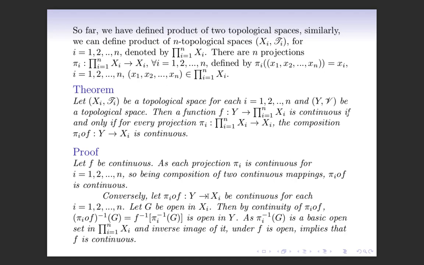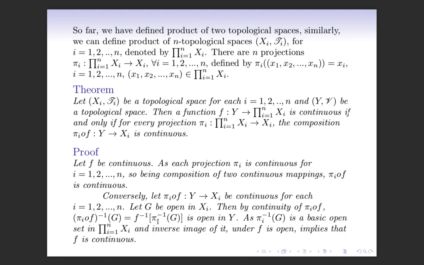So we take some open set. Suppose G is any open set in Xi. Then since pi I o f is continuous, the inverse image of G under pi I o f is open in Y. But we know that this is equal to f inverse of pi I inverse of G, so this is open in Y. And we also know that pi I inverse of G is a basic open set in the product space.